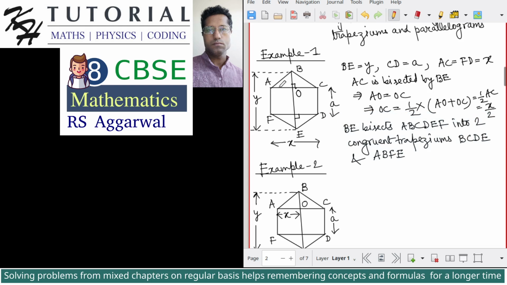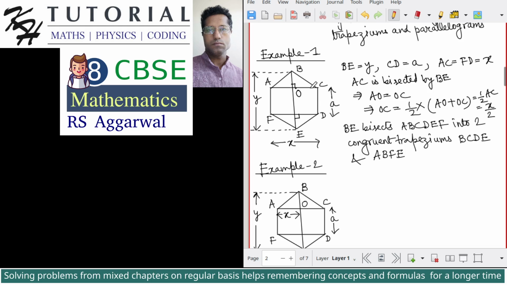So we can see that the entire hexagon ABCDEF has been divided into two congruent trapeziums. The first trapezium is on the right hand side of the diagonal BE, which is BCDE, and the other congruent trapezium is on the left hand side of the diagonal BE, which is BAFE, and they are congruent, and so their area will be equal.